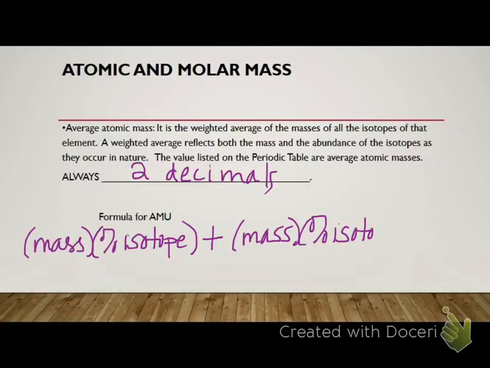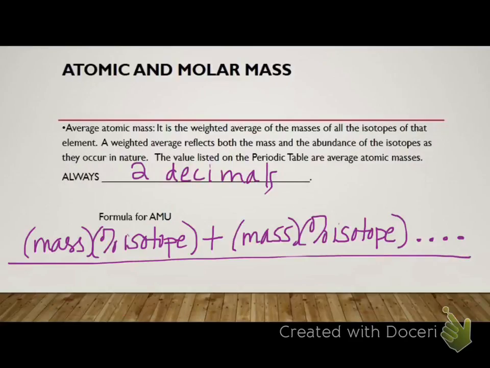That's a percent sign. And what does the dot, dot, dot mean? If you have more isotopes, you keep going.